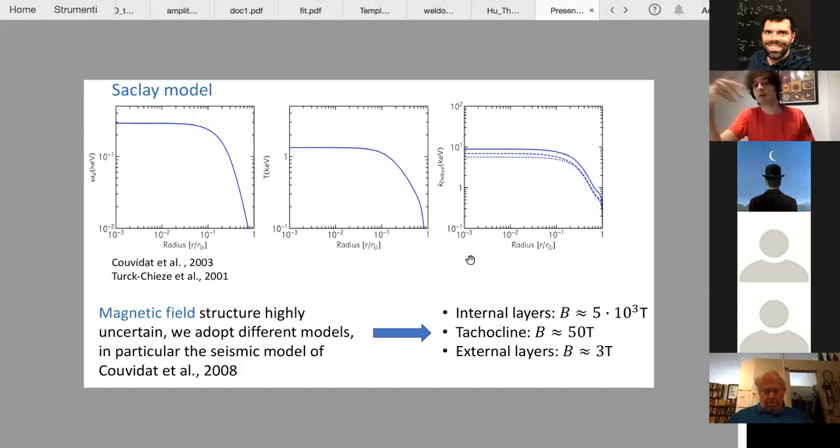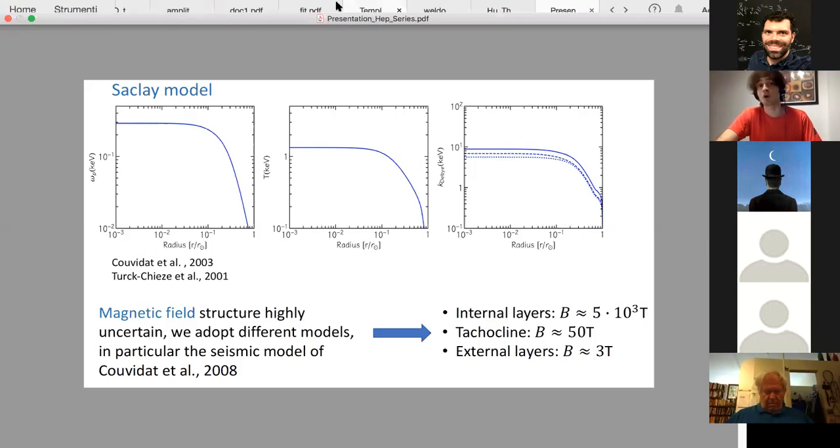And the screening will depend also on the ions, because I told you that the plasma frequency doesn't depend on the ions, but the Debye scale does. So you have to have a model in which you also have all the abundances of the elements and everything like that to do all the calculation properly, okay?